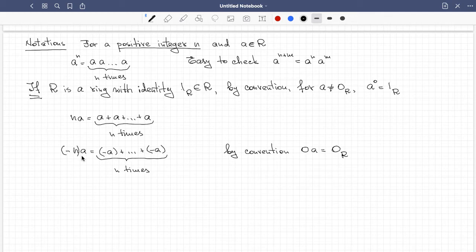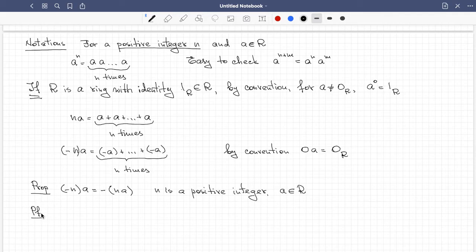But can I also, so I will formulate that as a proposition: negative n times a is the same thing as negative (n a), where n is a positive integer and a is an element of the ring R, whatever the ring R was. How do we prove that?